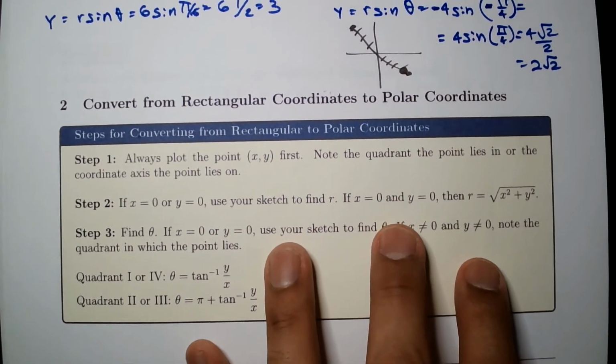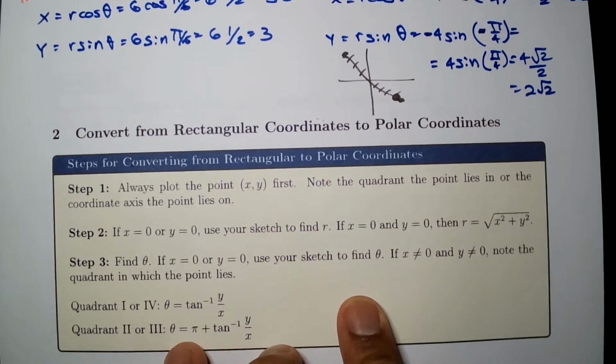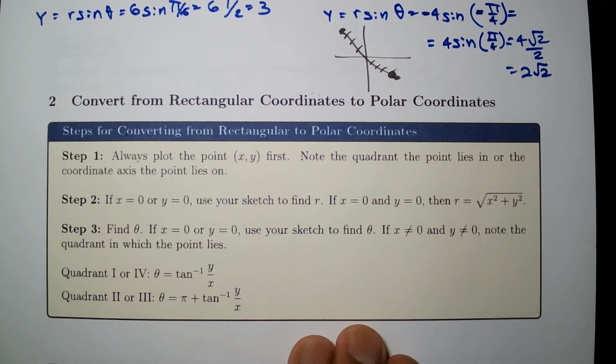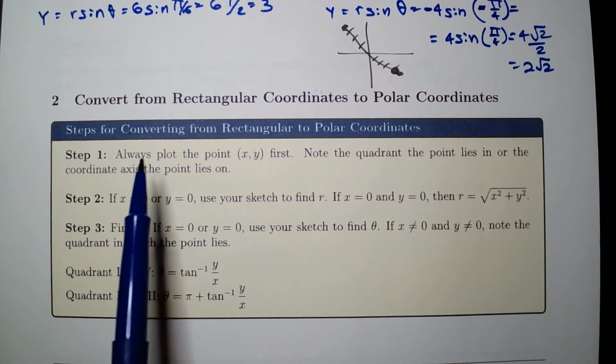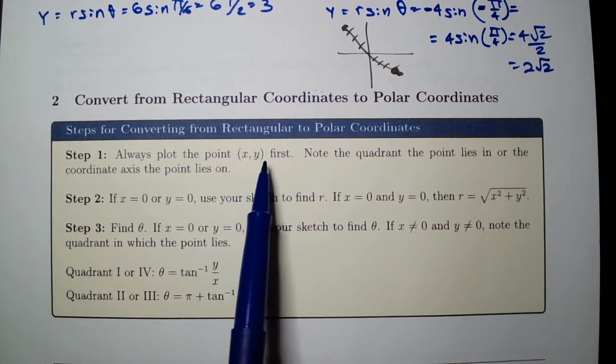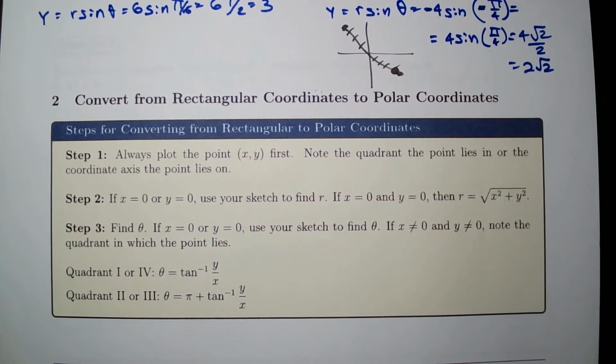Well, that's going to be a little bit different because we're going to have some restrictions here. So number one, always plot the point in the xy coordinate first. The quadrant is going to matter, so that's why we want to plot the point in the corresponding quadrant.